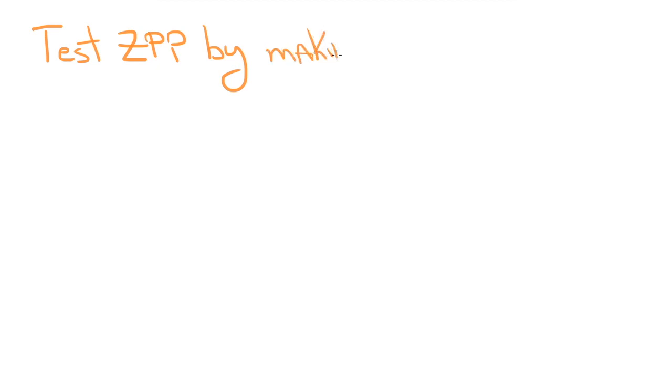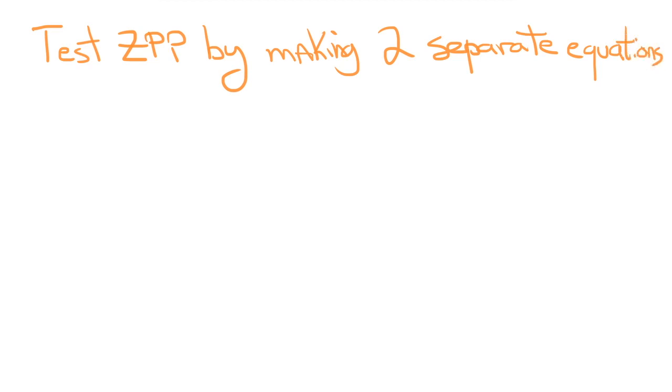So we're going to do this by making two separate equations. How does that sound? It sounds pretty good, right? Yeah, it sure does. So I'm going to give you some steps right now. Here we go. Step 1.